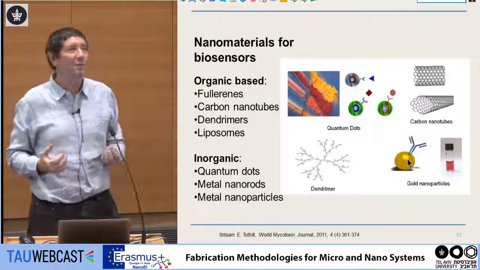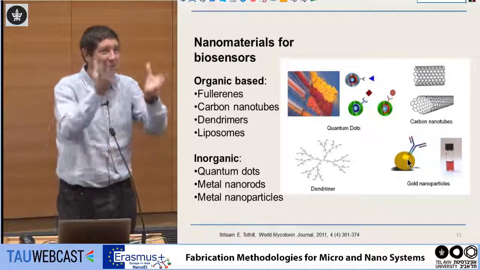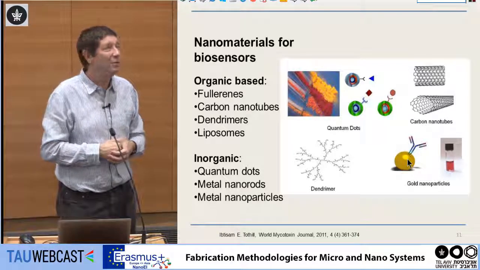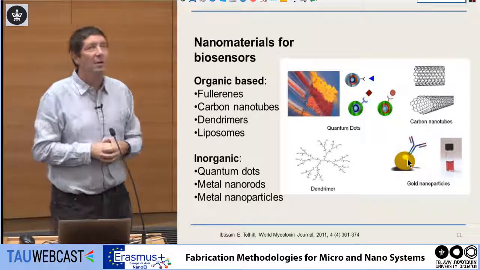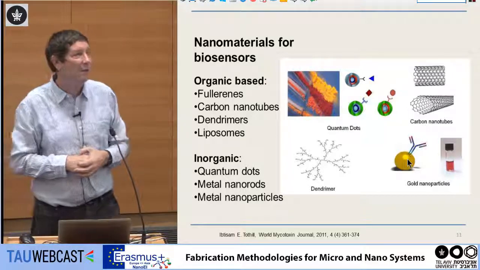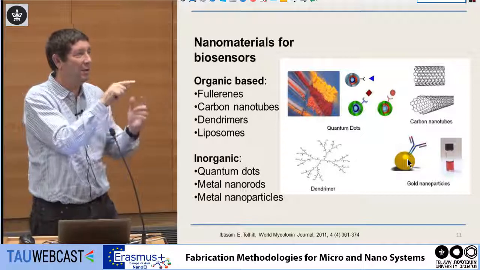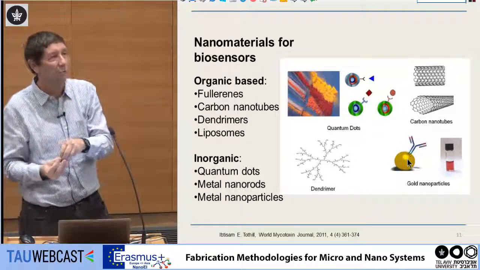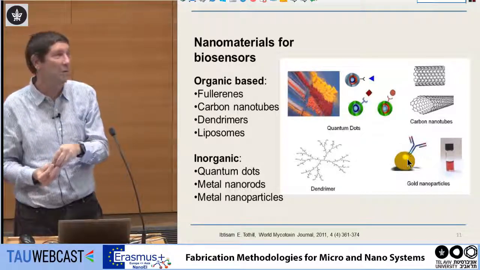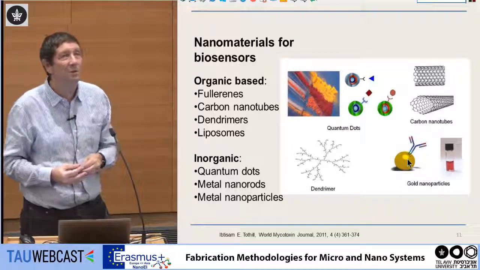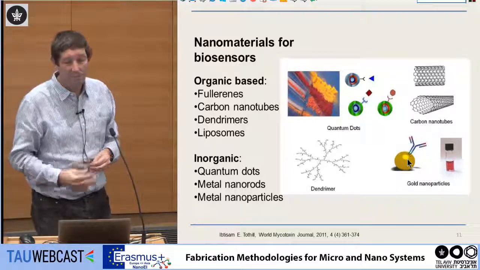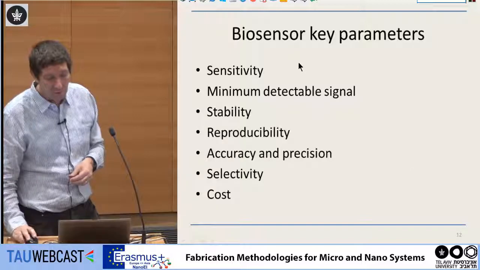You use, for example, the effect that gold has a very high atomic mass, so it's easy to see it in X-ray, and gold is also easy to see in other techniques. So you detect your biological target by attaching it to a gold nanoparticle or other nanoparticle, and this is called labeling. So this is a very common technique for sensors.